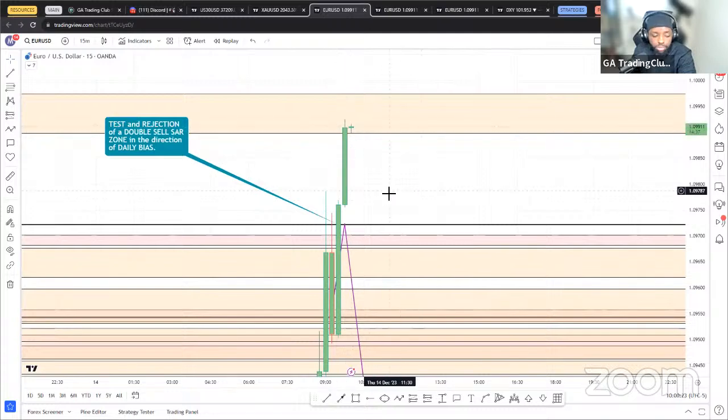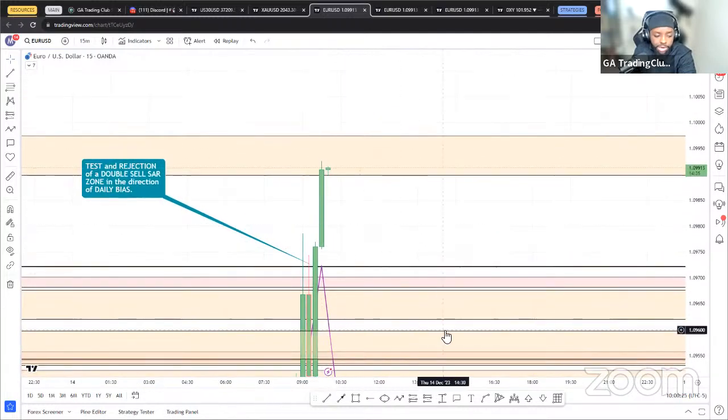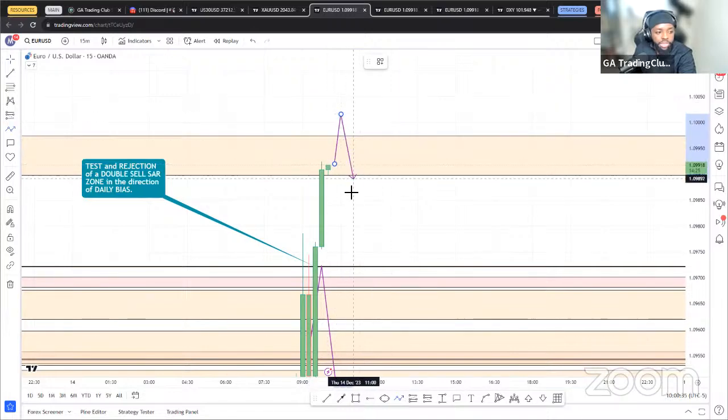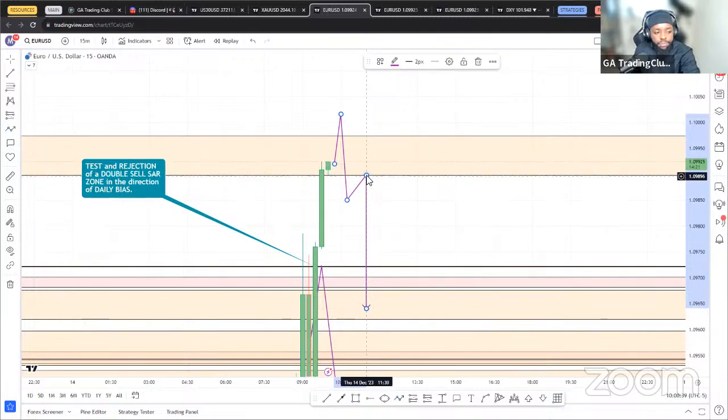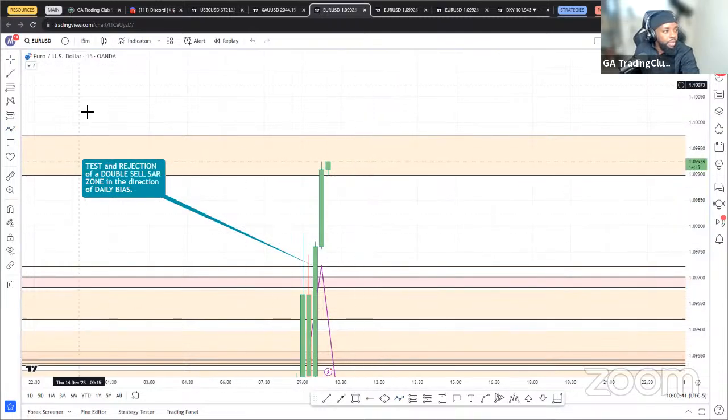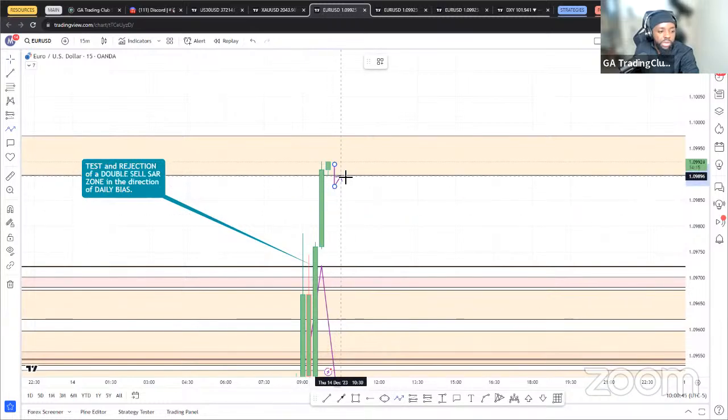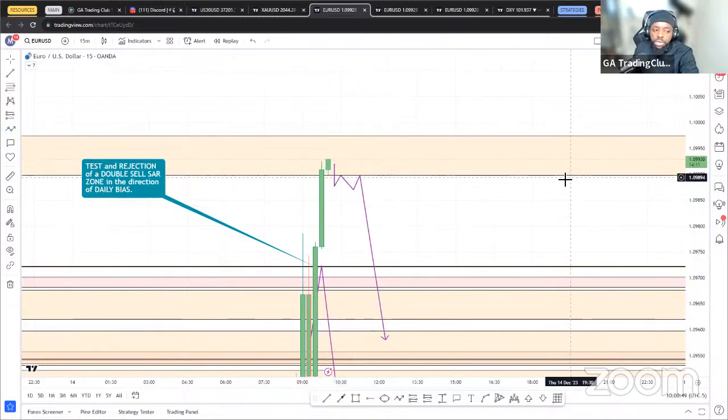So for any trade setup to come up here, price would either have to go up and then break back below and do a break and continuation, or the other way, price would have to come back down, close, and give you a test and rejection and go down here. So it's either of those two things.